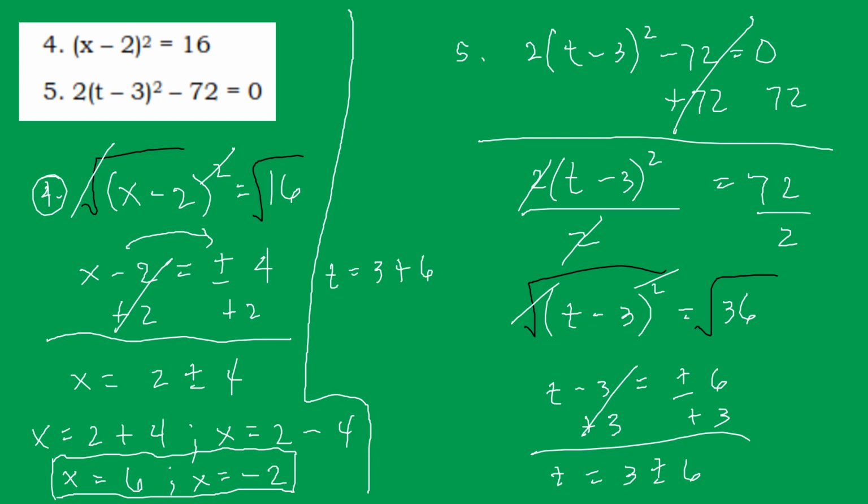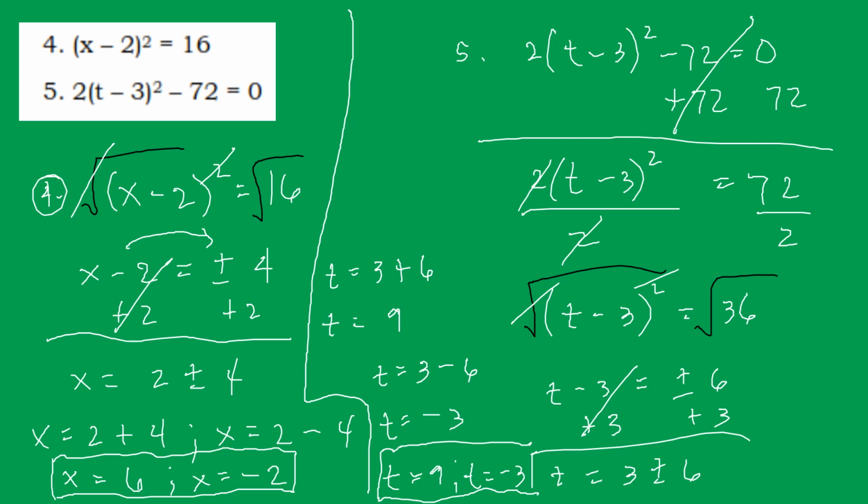So, that means t is equal to 9. And we also have t is equal to 3 minus 6 and that is negative 3. So, therefore, the solutions are t is equal to 9 and t is equal to negative 3. And that is how to solve quadratic equation using extracting the square root. Thank you.